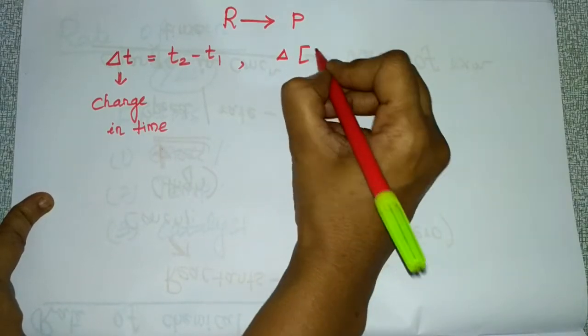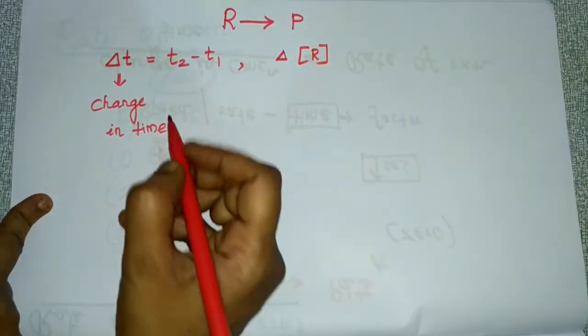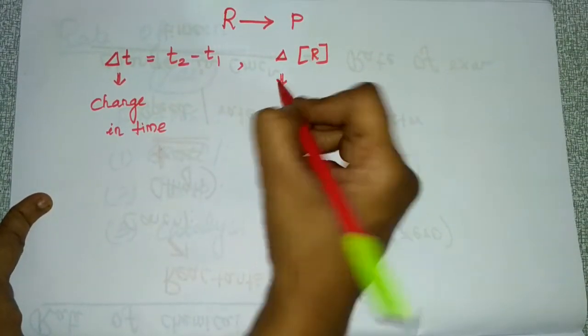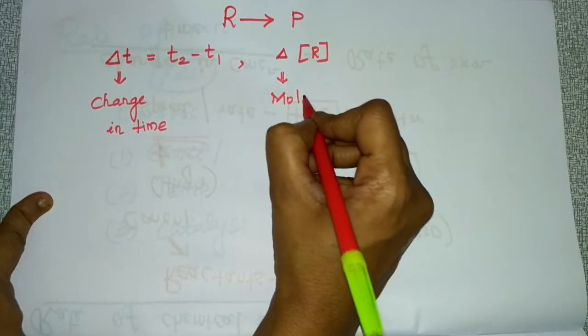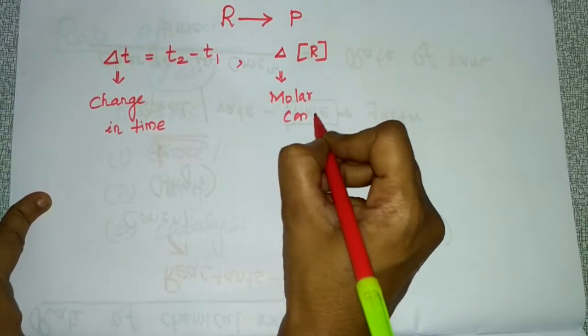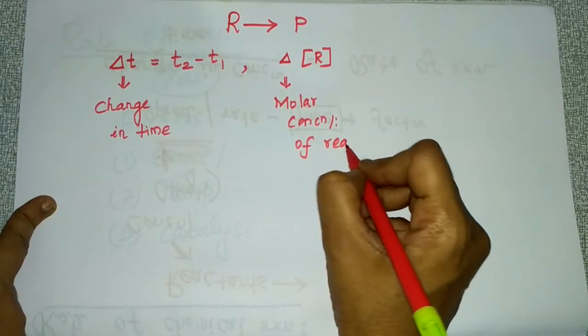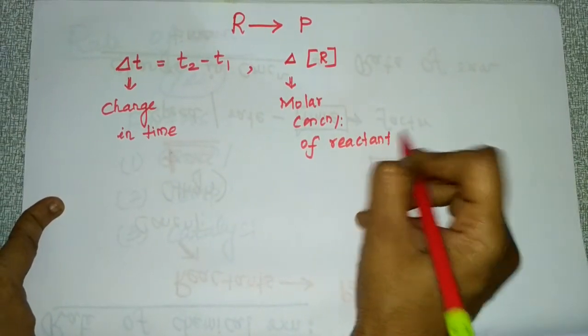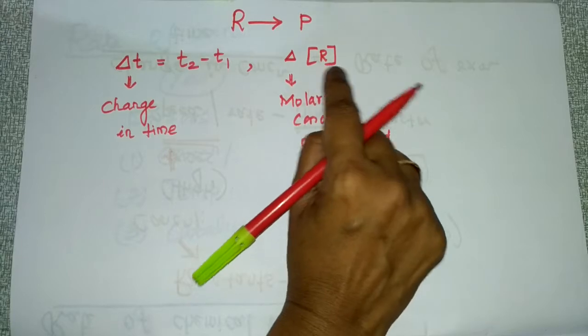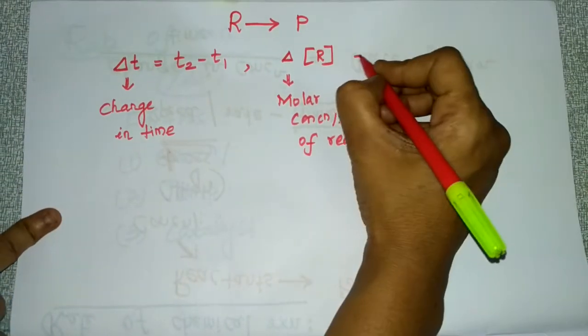Del R. What is this one? This is the molar concentration of reactant. How will you find out the change in concentration?